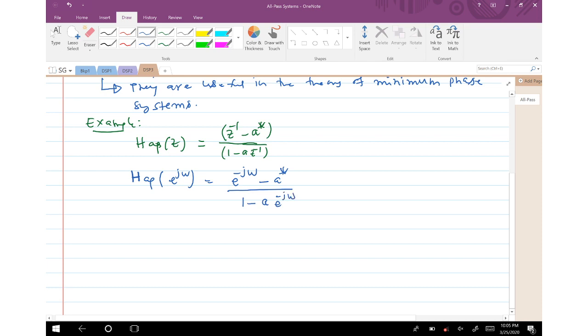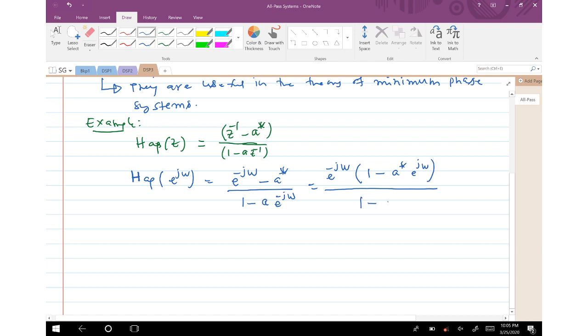To see why it is having constant magnitude, let's further simplify this. For example, you take e power minus j omega common in the numerator, that would give us 1 minus a conjugate into e power j omega, right? And let me write the denominator as conjugate of a function.